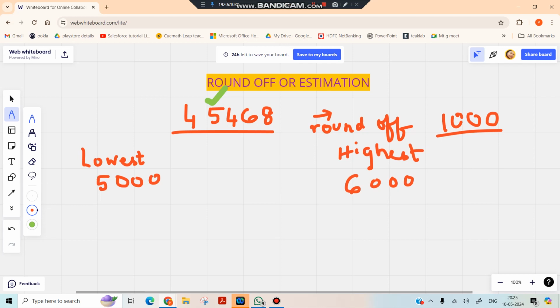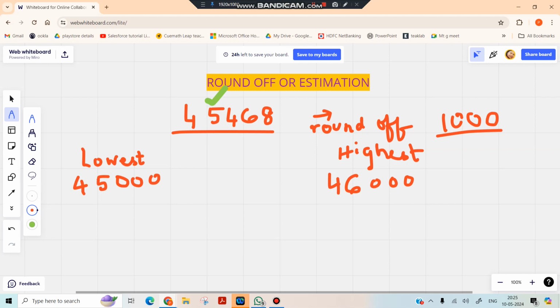So the first step we have done, we have found out the lowest thousand and the highest thousand between which my number will lie. Obviously, since it is 45,000, we can put a 4 here. So it's 45,000 and 46,000 between which our given number will lie on the number line.